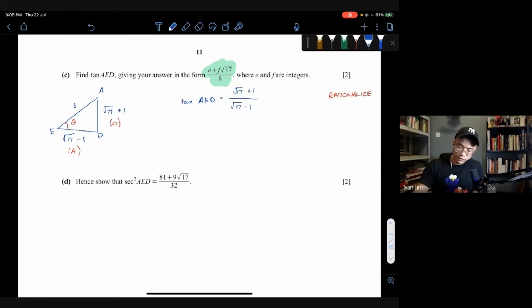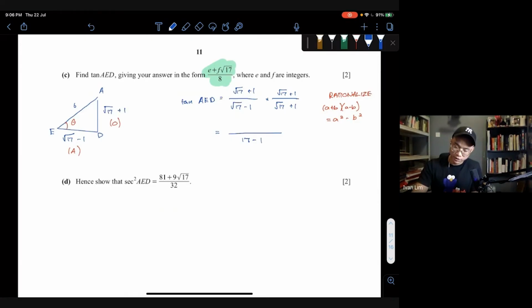How to rationalize? We use A plus B times A minus B equals A squared minus B squared. So I multiply by the conjugate surds: root 17 plus 1 over root 17 plus 1. My bottom will become 17 minus 1, which is 16.